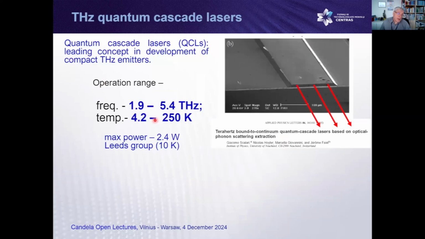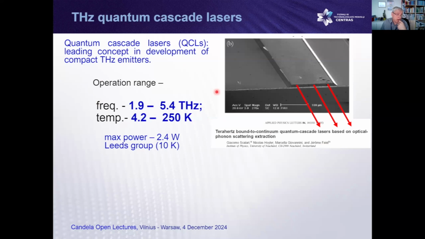From the point of view of design, what is important for terahertz imaging is that terahertz lasers emit from the side. If we attach contacts from here and from the top, emission goes from the side. I took this from the classical work from Jerome Faist's group, published many years ago.